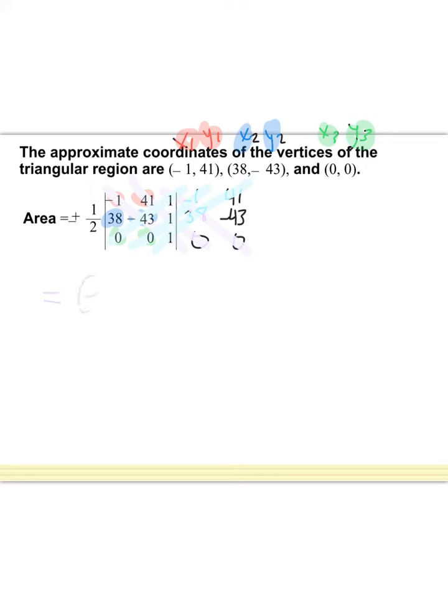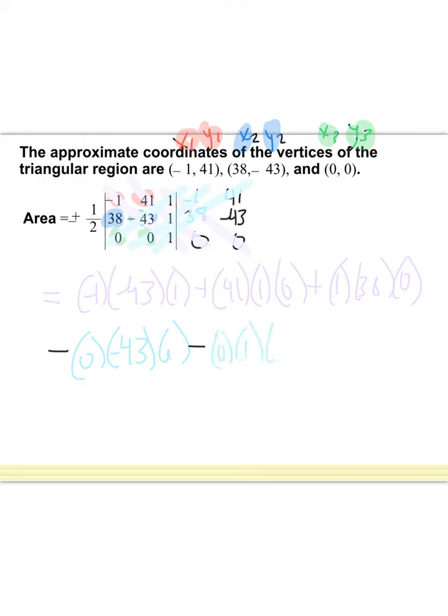We have -1 times -43 times 1 plus 41 times 1 times 0 plus 1 times 38 times 0 minus 0 times -43 times 1 minus 0 times 1, -1.